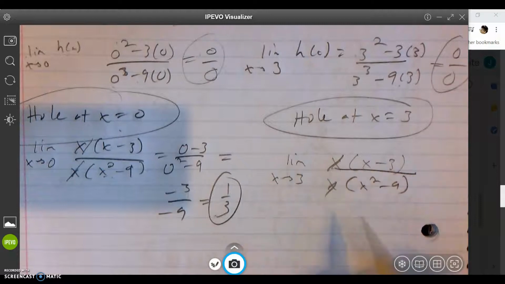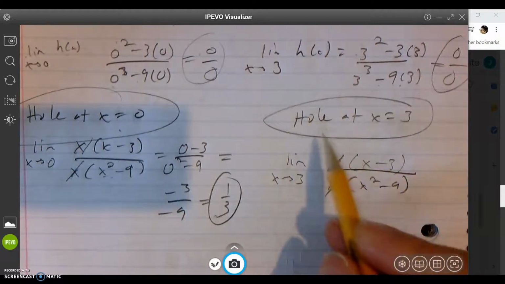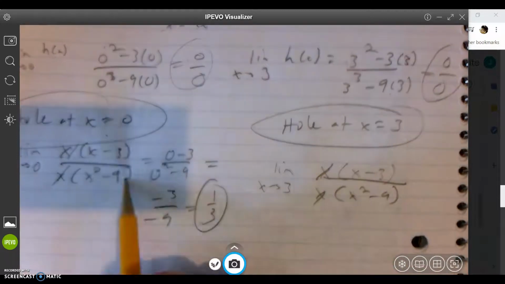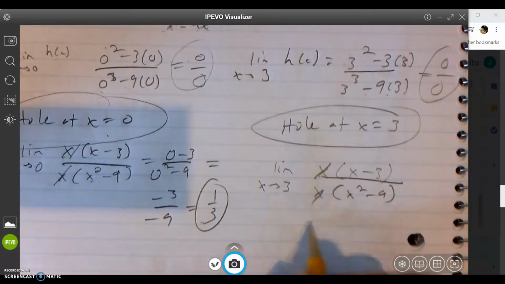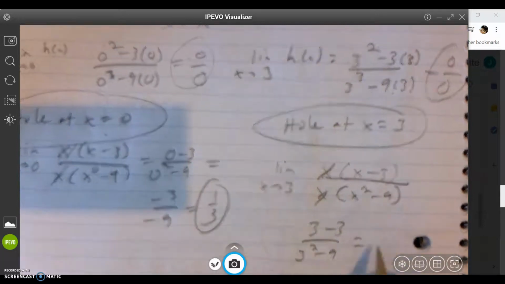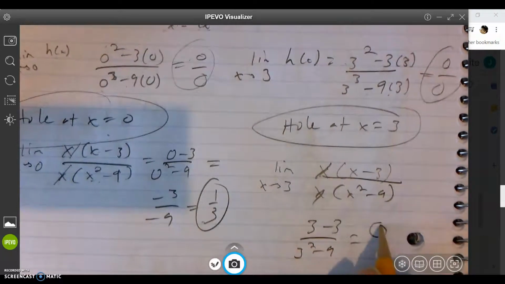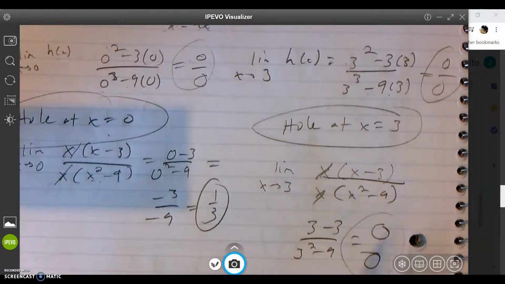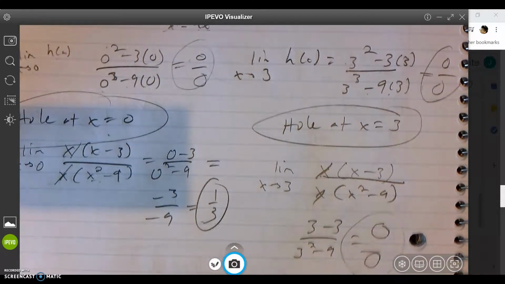So x divided by x is 1, because whenever the numerator and denominator are the same, it equals 1. So then I'm going to plug in 3 again, just like I plugged in 0 here. So that's going to be 3 minus 3 over 3 squared minus 9, which is, damn, 0 over 0 again. So I got indeterminate not once, but twice. So what do you think I'm going to do? Oh yeah, I'm going to keep going.